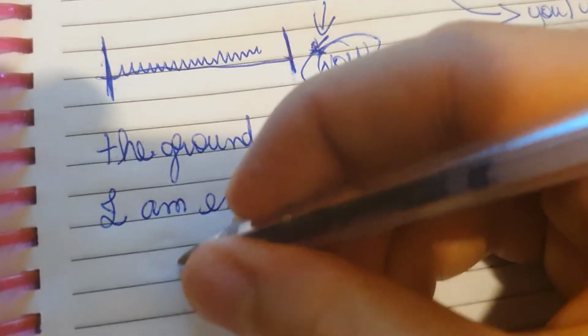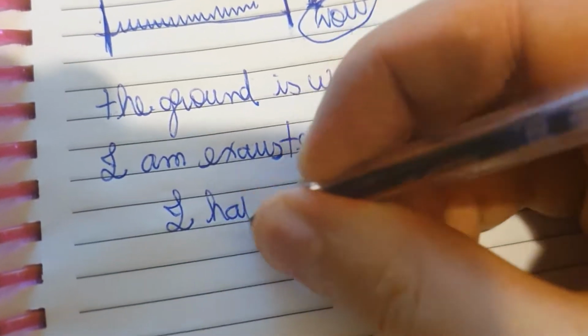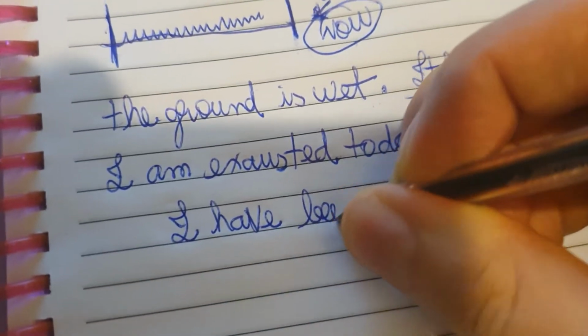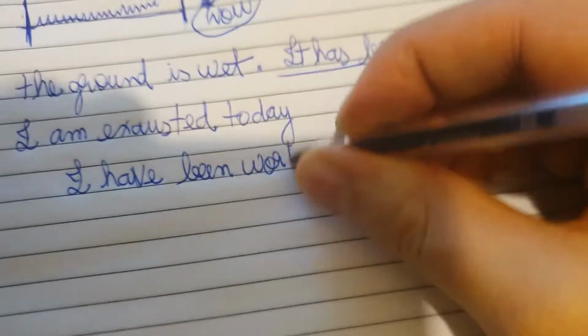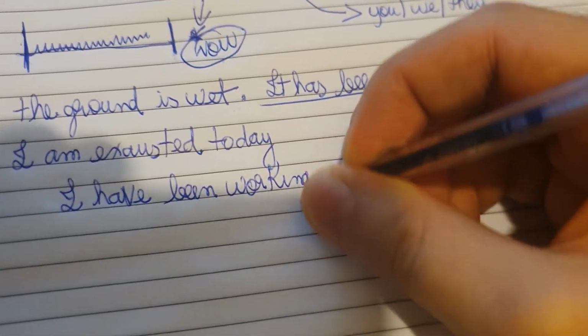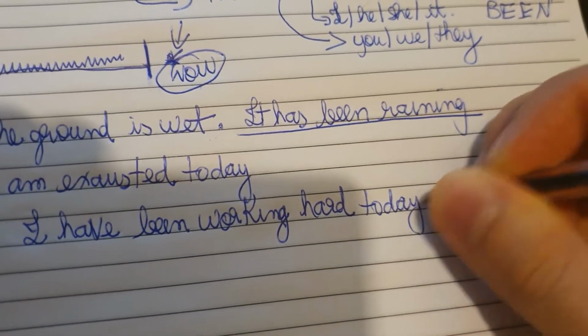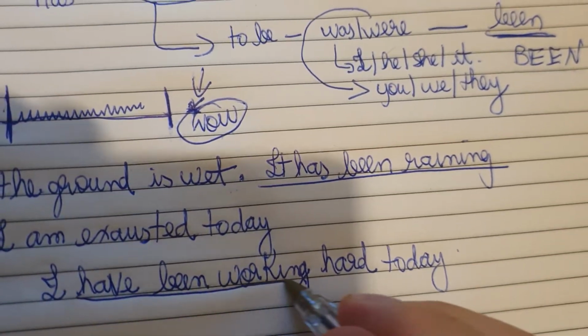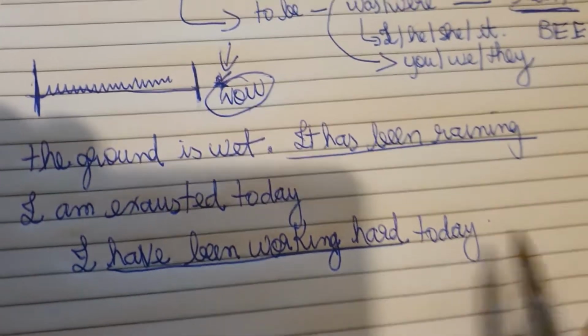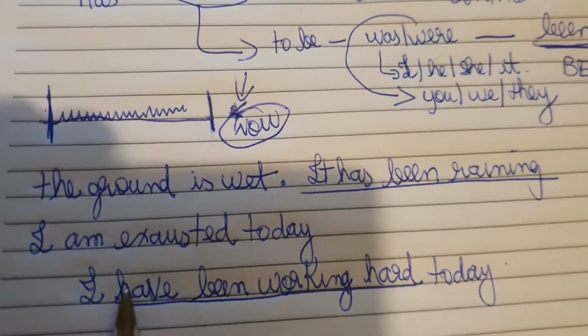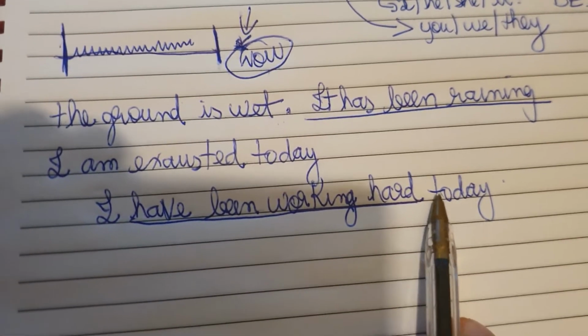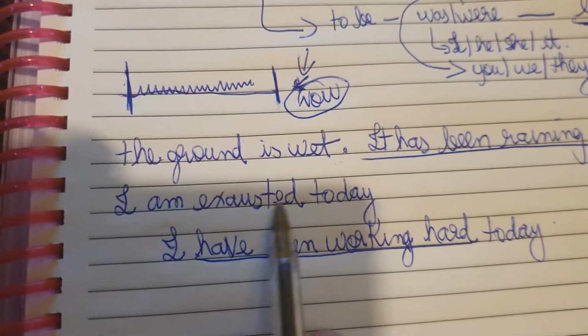And you say, I have been working hard today. I have been working hard today. Right? So the result of having been working hard today is that I am exhausted.